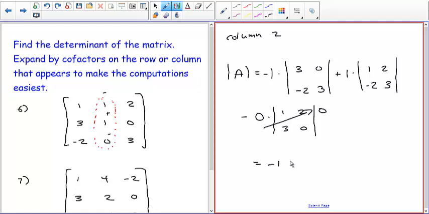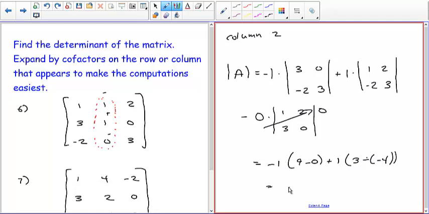So you have negative 1 times 3 times 3, which is 9, minus 0, because I've got negative 2 times 0. And then I've got plus 1 here, times 3 times 1, minus negative 2 times 2.